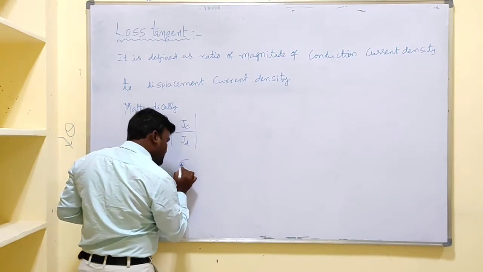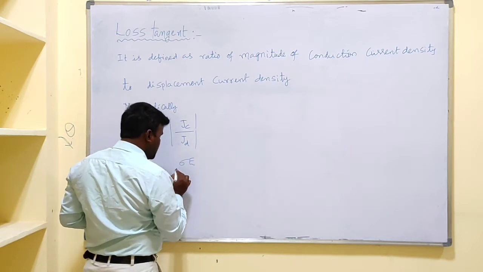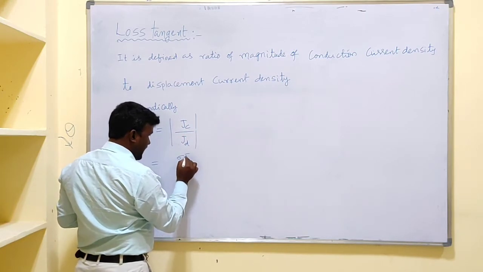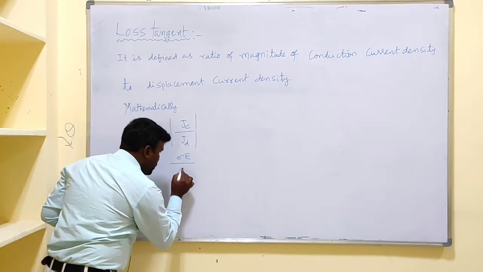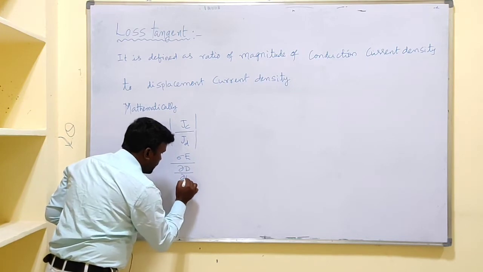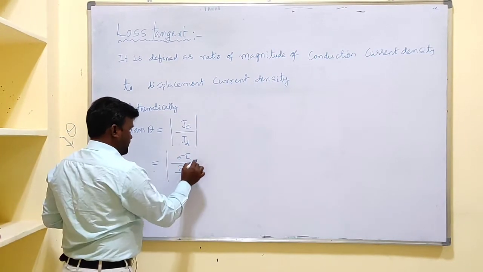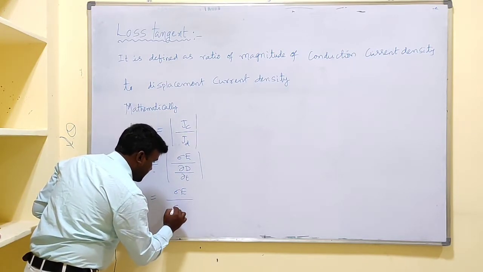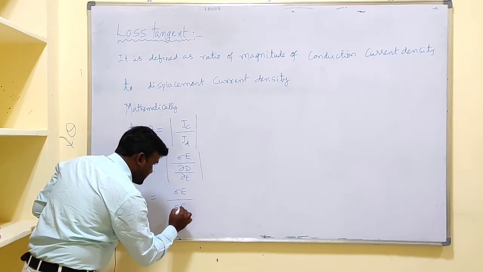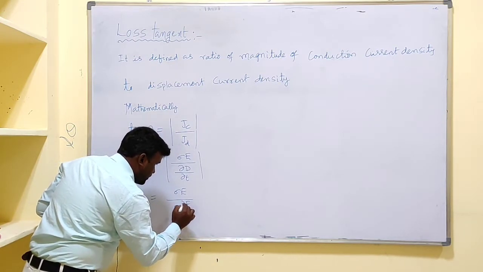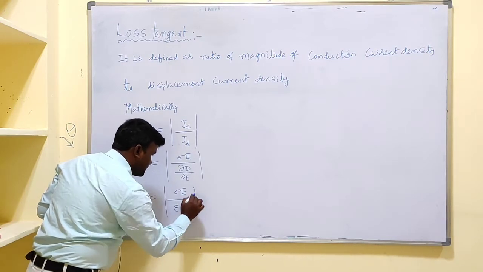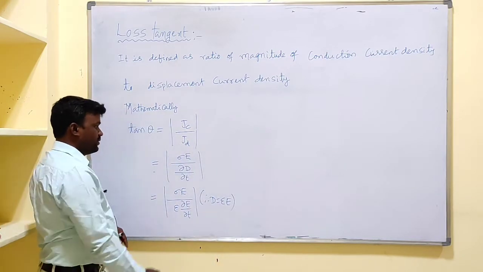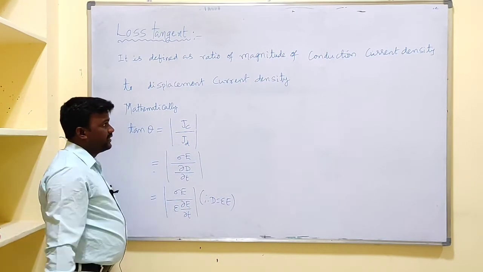Conduction current density is given by sigma E, and displacement current density is given by dou D by dou t. Now this can be written as sigma into E over dou D by dou t, since D equals epsilon into E. So dou D by dou t can be written as epsilon dou E by dou t.